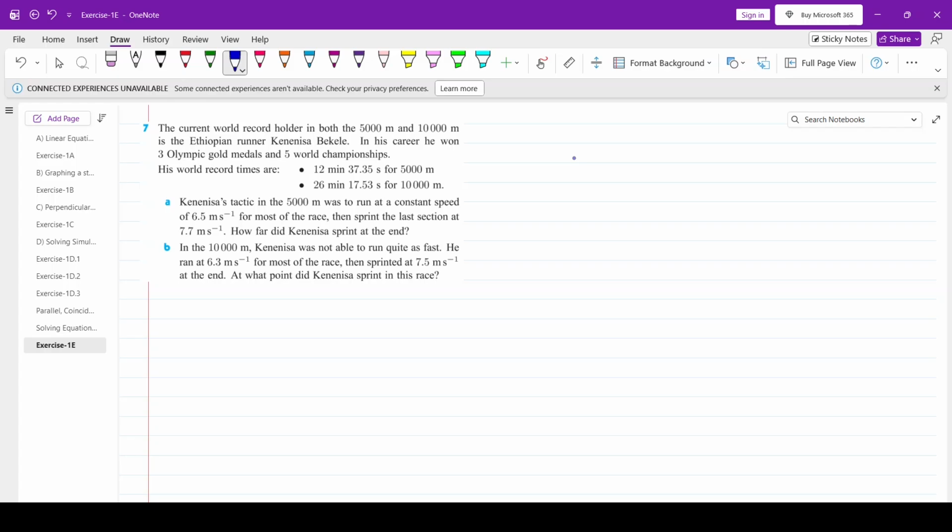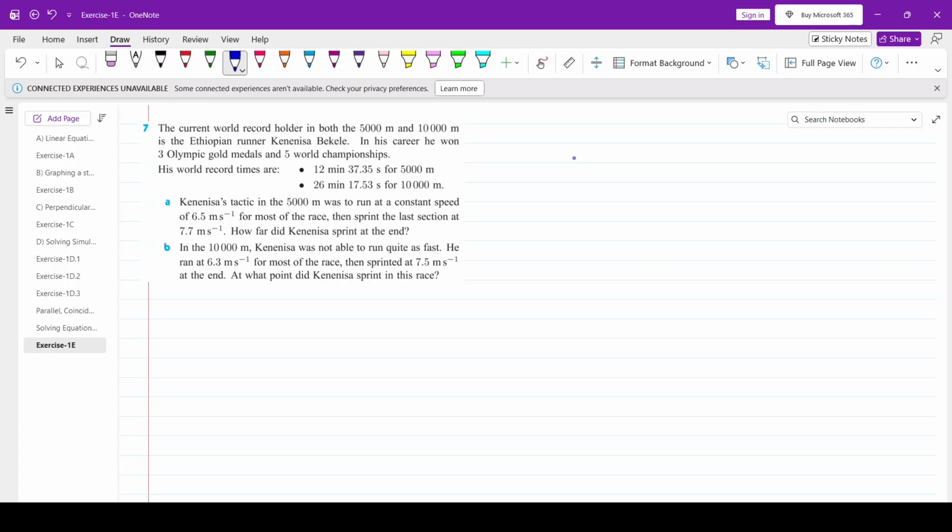The current world record holder in both the 5,000 meter and 10,000 meter is the Ethiopian runner. In his career, he won 3 Olympic gold medals and 5 world championships. His world record times are 12 minutes 37.35 seconds for 5,000 meters, 26 minutes 17.53 seconds for 10,000 meters.